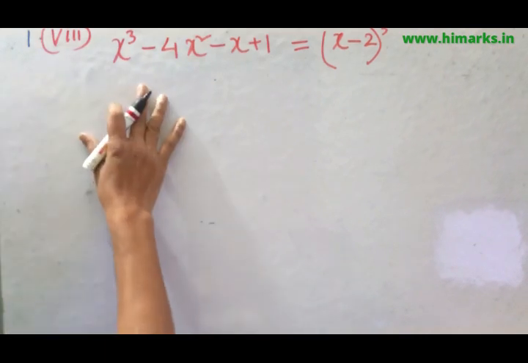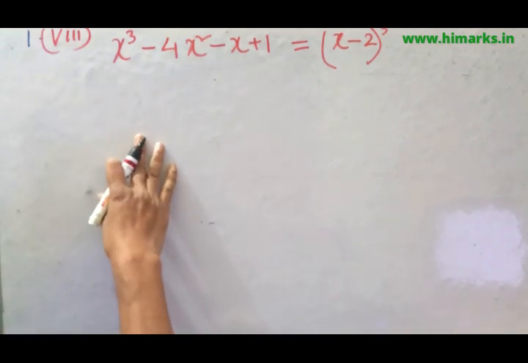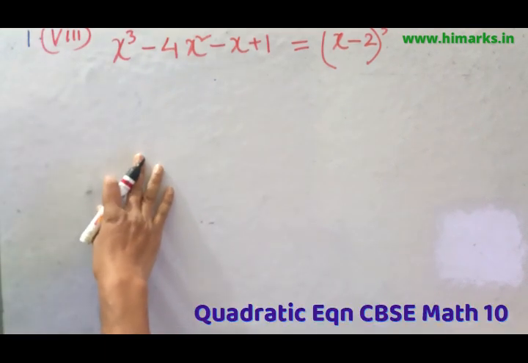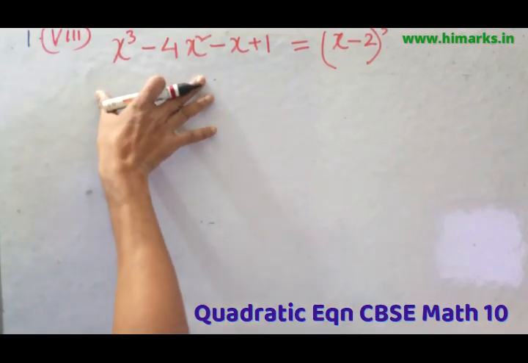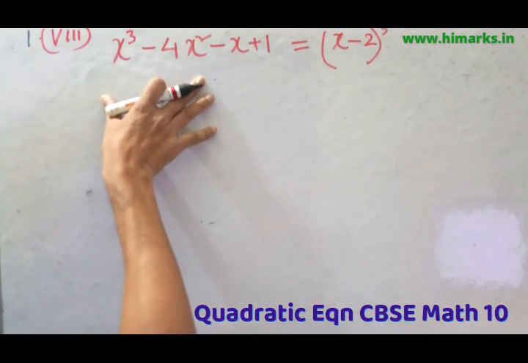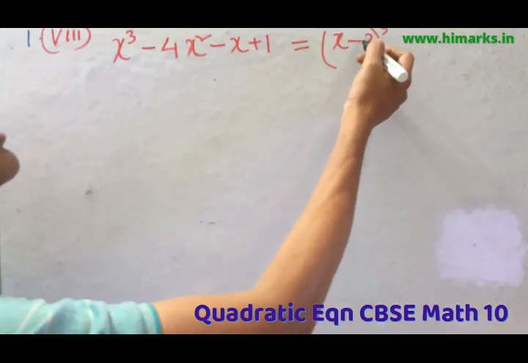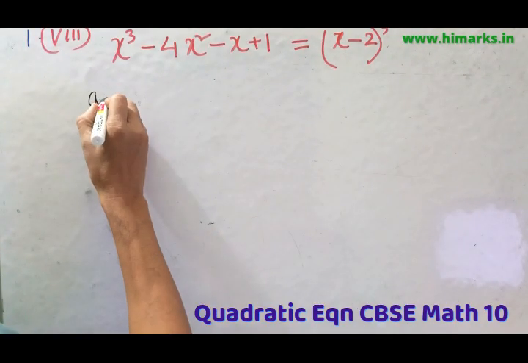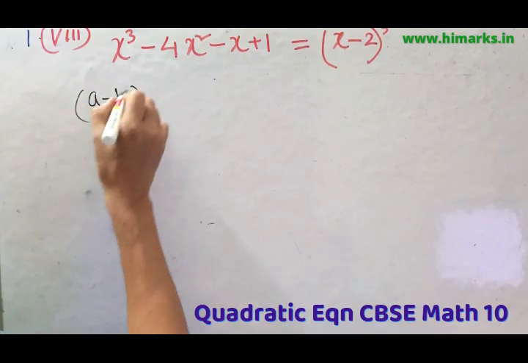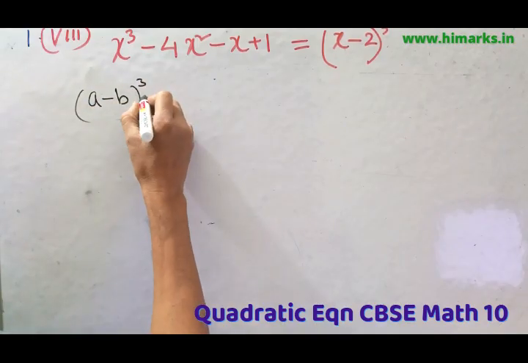So we have to check whether this given equation is a quadratic or not. So for that we have to simplify both sides. Left hand side is already simplified. Okay, right hand side is a minus b cube formula. So if you have forgotten, please remember the a minus b cube formula. How is it?